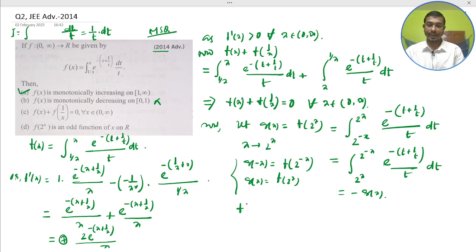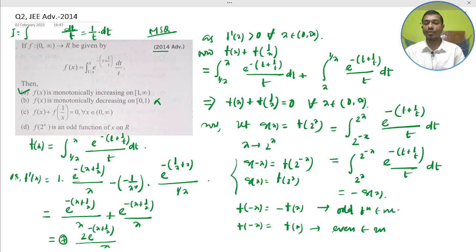So when f of minus x is minus of f of x, that would be the odd function. We just discussed in the relation and function class. So when f of minus x is the positive of fx, that should be the even function. So this is an odd function, this will be the odd.